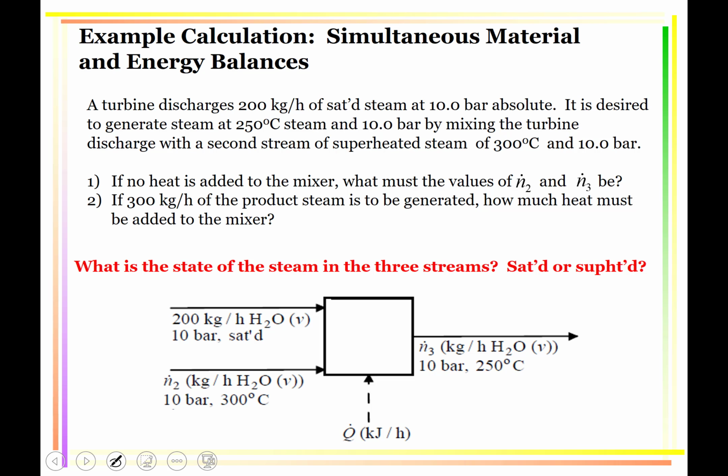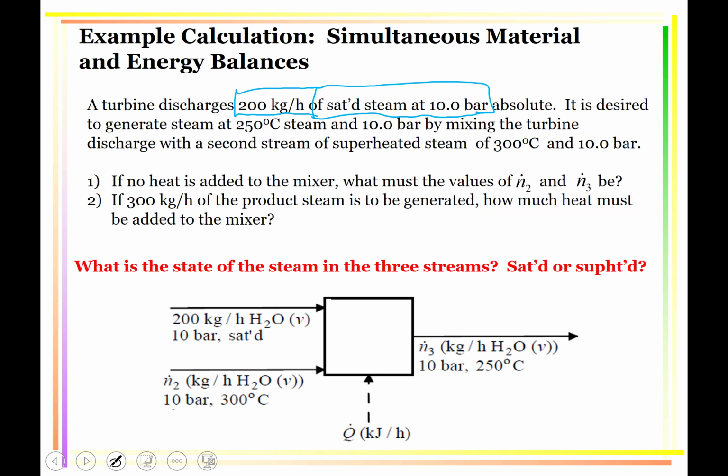Okay, so we have a turbine that discharges 200 kilograms per hour of saturated steam at 10 bar. This steam has already had energy removed from it, and now we are going to adjust the energy of that steam by adding an additional stream of steam.